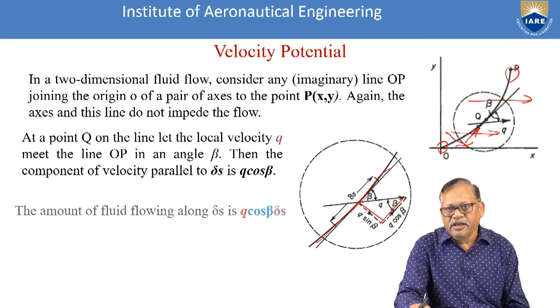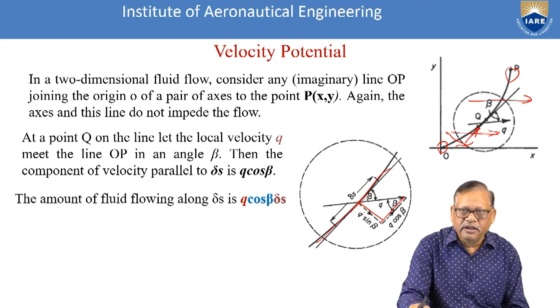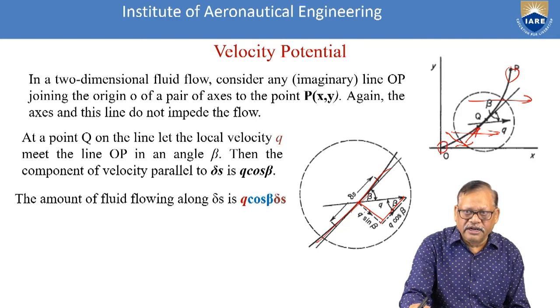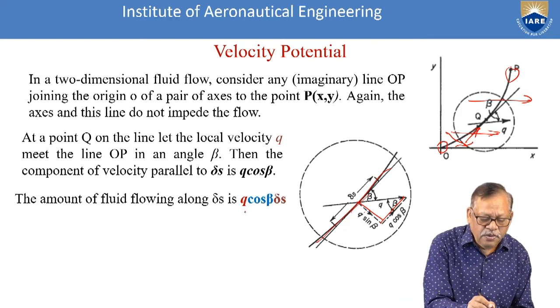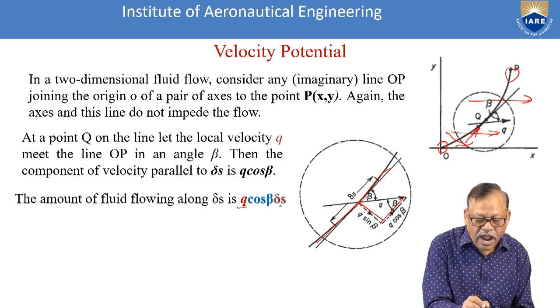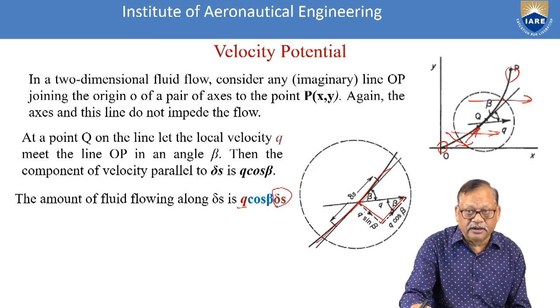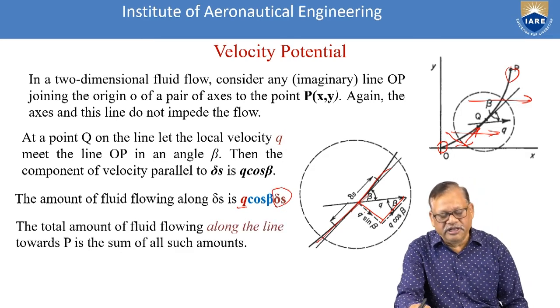We have done it. So with this, the amount of fluid along the ds is how much? Q is the total free stream velocity which is coming, cos beta is the component, and ds is the distance. That's why I made it in three colors, for easy understanding.